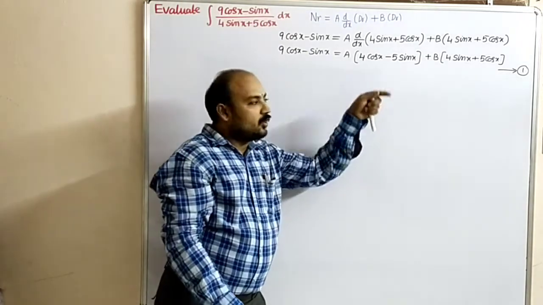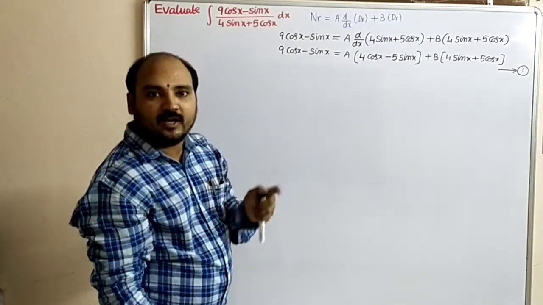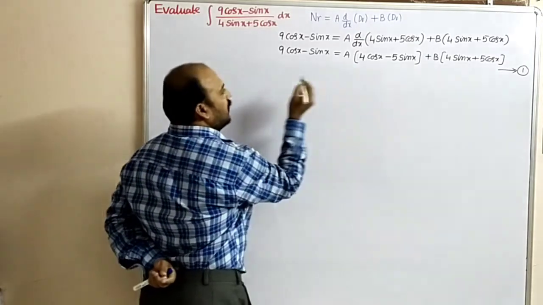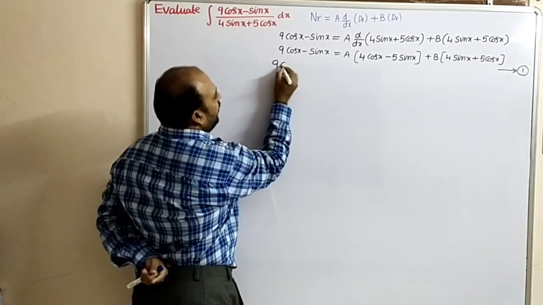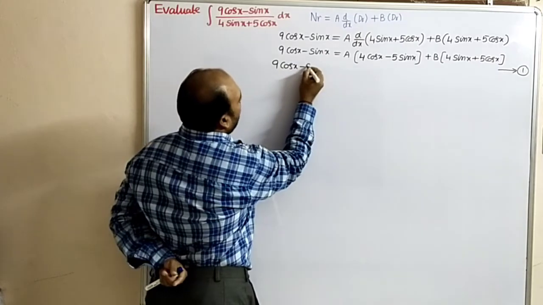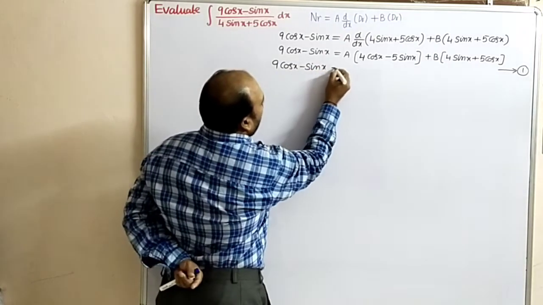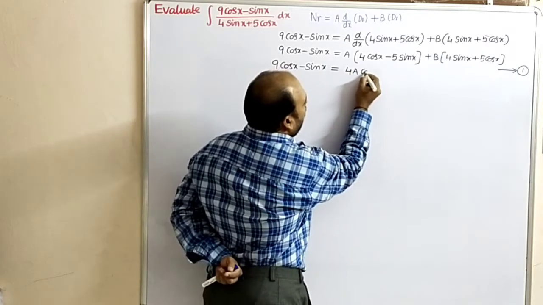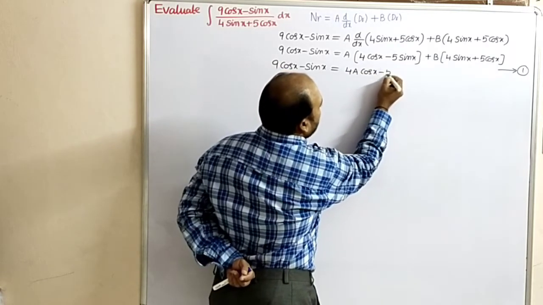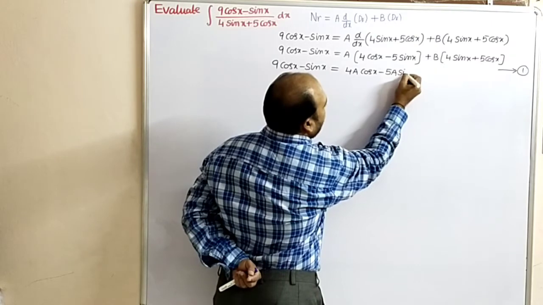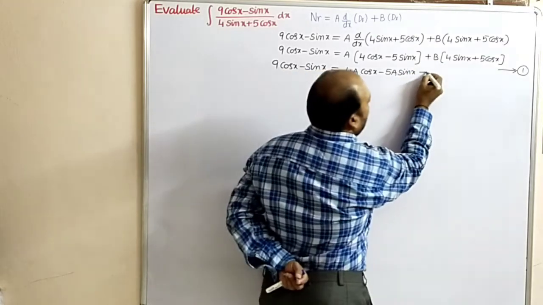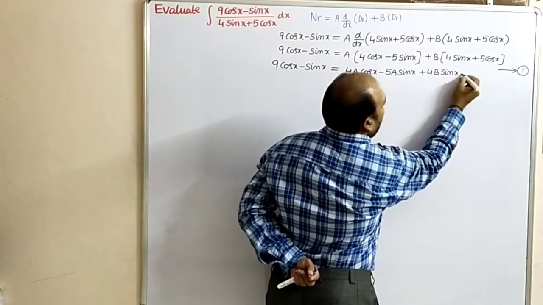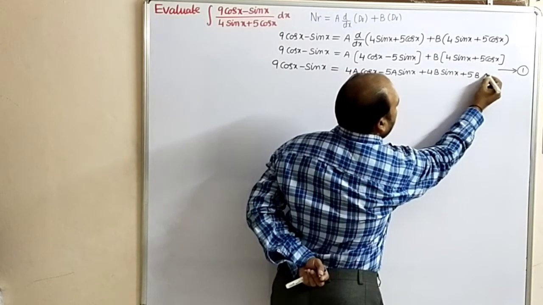After getting equation 1, comparing like coefficients on both sides. First, 9 cos x minus sin x. Here we have to do the actual multiplication: 4a into cos x minus 5a into sin x plus 4b into sin x plus 5b into cos x.